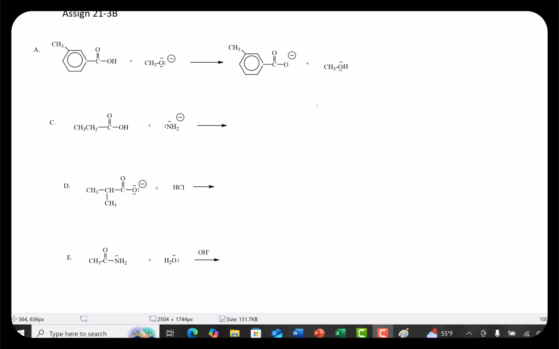Let's look at reaction C. You've got a carboxylic acid reacting with amide ion. Could that be an acyl carbon substitution? Well, it's kind of like reaction A. It's logical. Think of OH coming off and replaced by NH2, but it's not that. Always look for acid-base first. If you've got one thing as an acid and anything as a base, it's going to be an acid-base reaction.